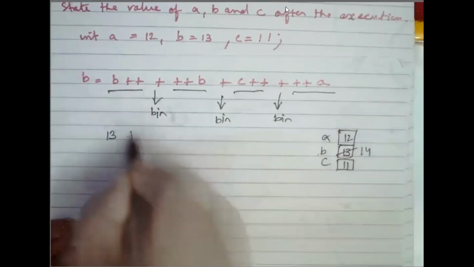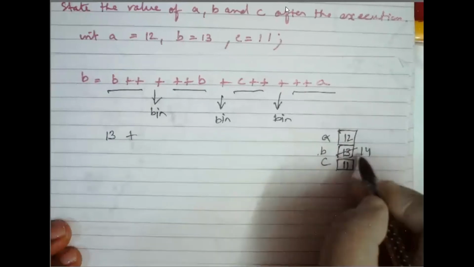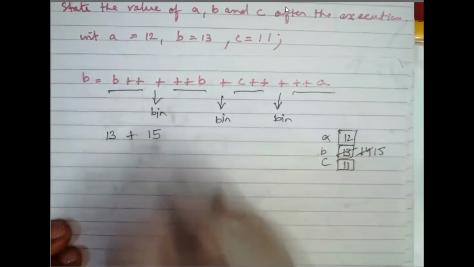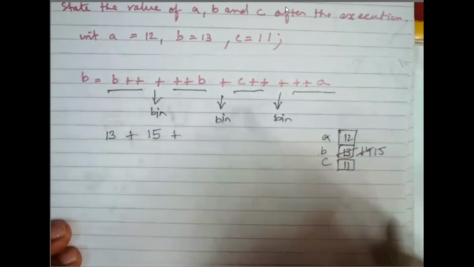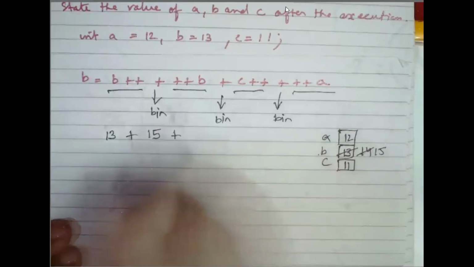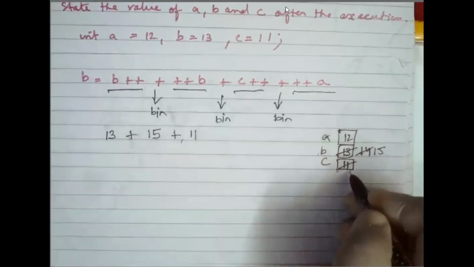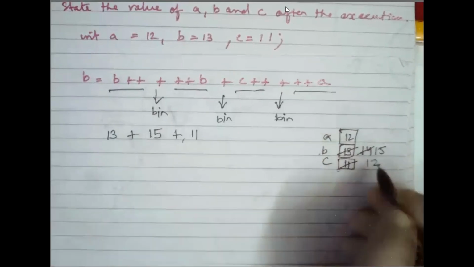Now ++B. So now it's a case of pre-increment. So 14 will now increase to 15, and then it is being used over here. Plus C++, again a case of post increment. So first I'll use 11, then it will later on increase to 12.